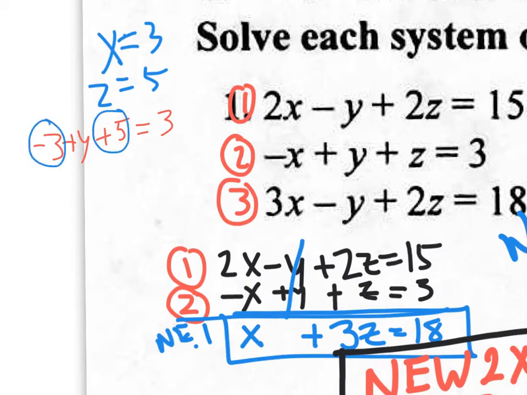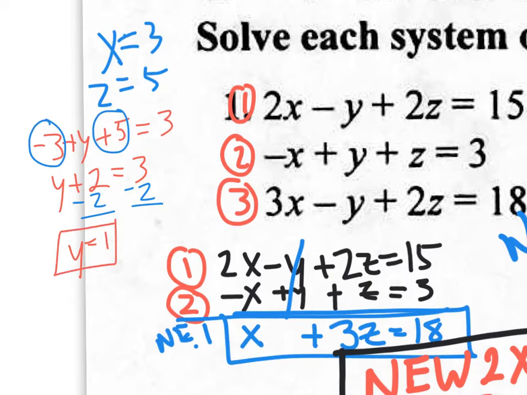I could just combine these in my mind and rewrite my equation. So my equation is going to be y plus 2, because negative 3 plus 5 is positive 2, equals 3, which means that my final answer for y, if I subtract 2 on both sides, will be y equals 1.